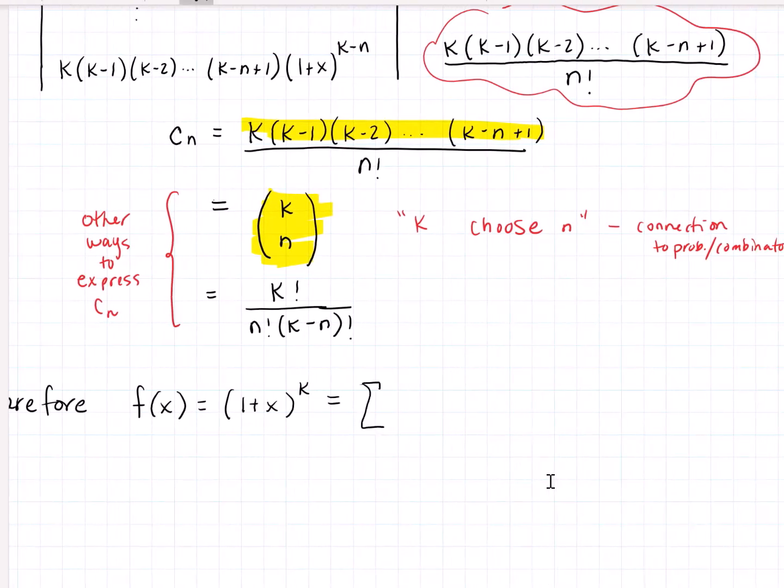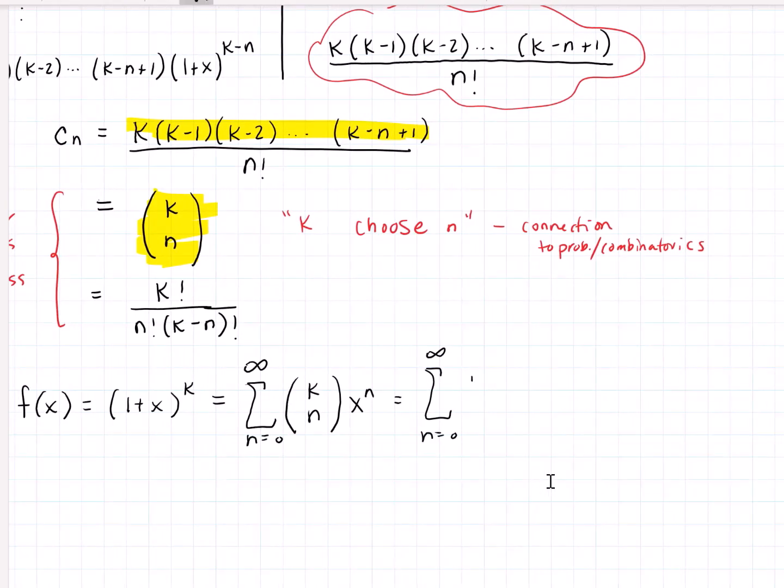On my first line, I will write it as k choose n, x to the n, but I will also write it in its expanded form, a little more useful to work with. So that is equal to those coefficients that we found, k times k minus 1 times k minus 2 out to the factor k minus n plus 1 divided by n factorial times x to the n.